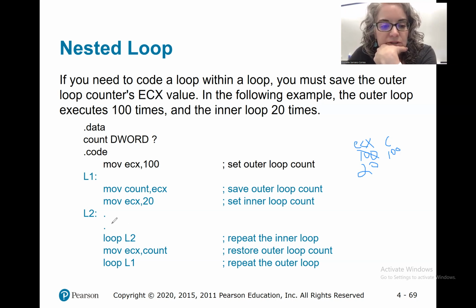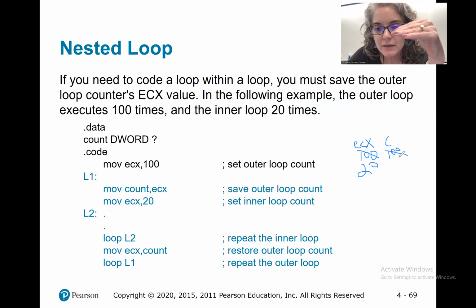So this here goes 20 times, and once it goes 20, 19, all the way to 0, it goes to this statement, and now count gets moved to ECX. Remember, count was 100. So right here, we're going to decrease count to 99 and compare.